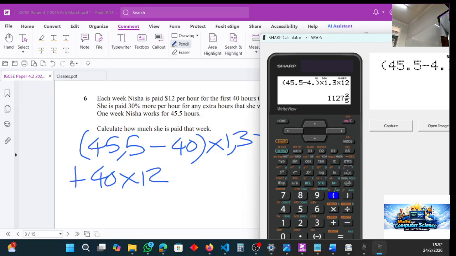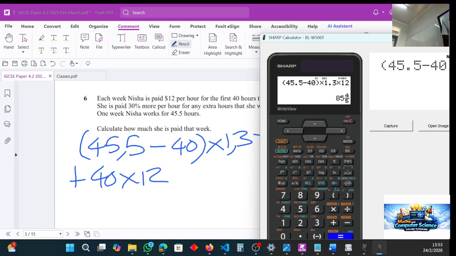Sorry, let me bring back the brackets. We are saying 45.5 minus 40. We close the brackets and we multiply this by 1.3. Then we multiply the result again by 12, and we press the equal sign.